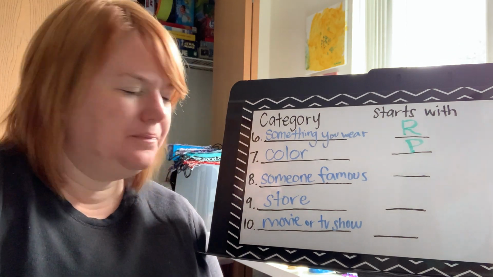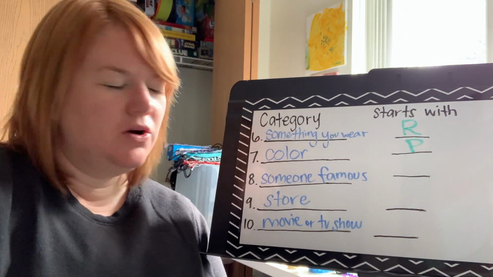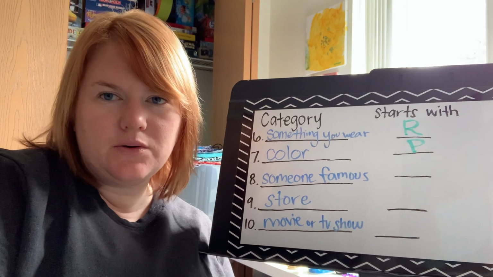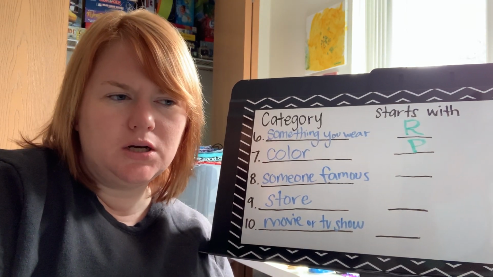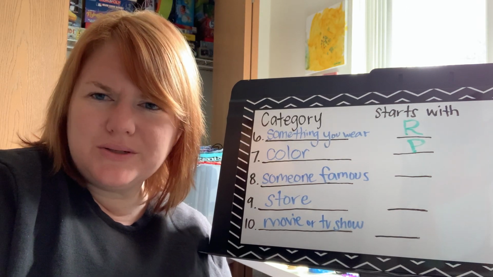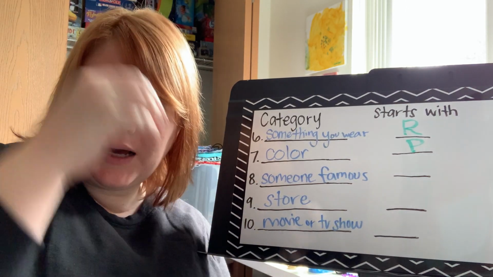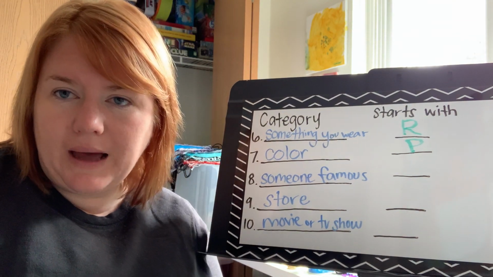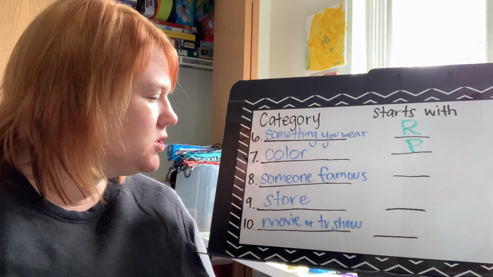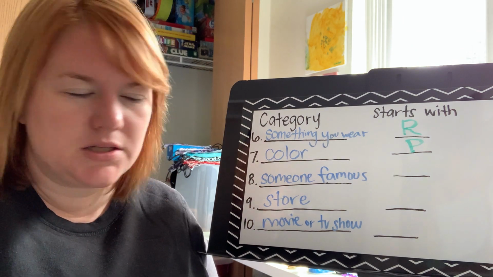All right. Number 8, we're going to try to figure out someone famous. So it could be a movie actor or actress, a singer, someone who's just popular in the media, someone who's famous to you. It could be a baseball player, an athlete. Okay, so a newscaster.